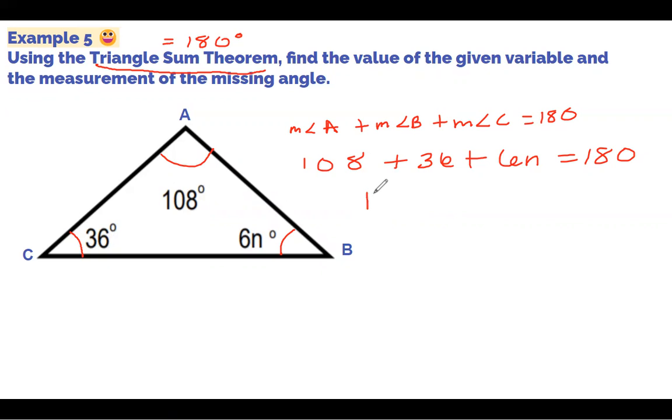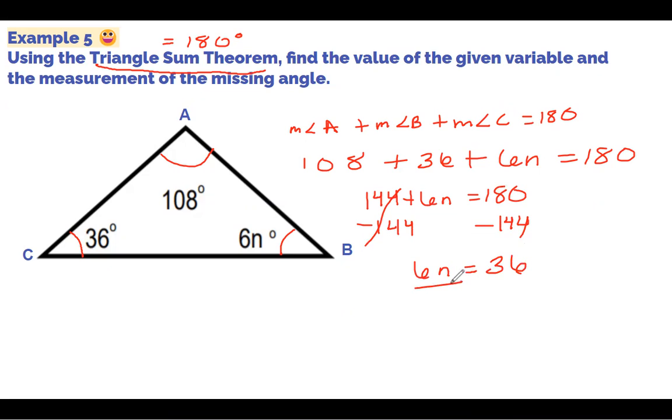There you go, 144 plus 6n equals 180. Now we have a two-step equation. How do we solve for this one? Subtract 144, subtract 144. And we're left with 6n equals 180 minus 144, which is 36. Divide by 6. And we're left with n equals a beautiful 6.